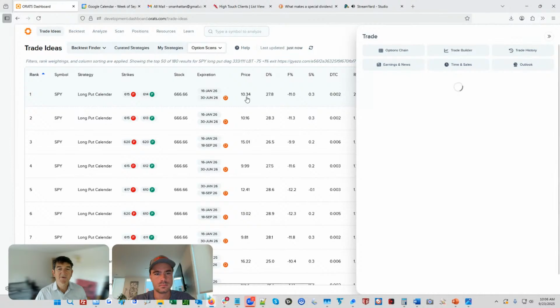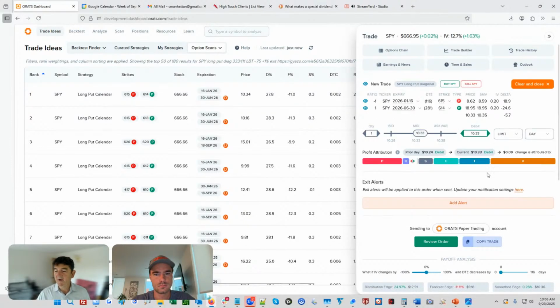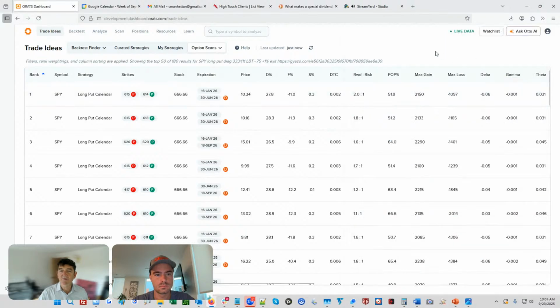As a matter of fact, if you click on it, it goes right to the trade, and you can send it to paper trading or one of your accounts, like Tradier, that we have listed. And then there's a lot of information here. You could jump to the option chain, trade builder, trade history. All of these we've talked about in other shows, but it just is a nice place to start and to get into everything else and get trading, Tyler.